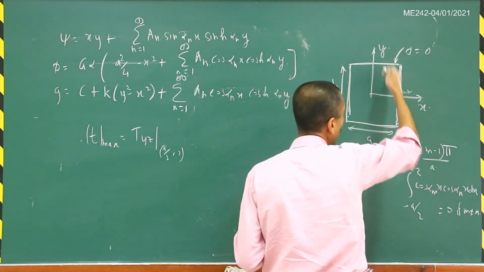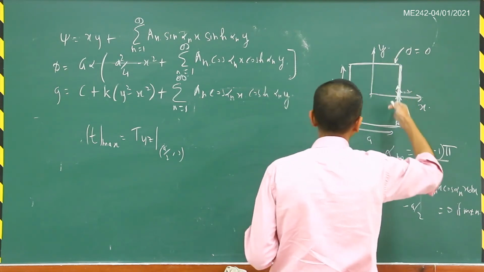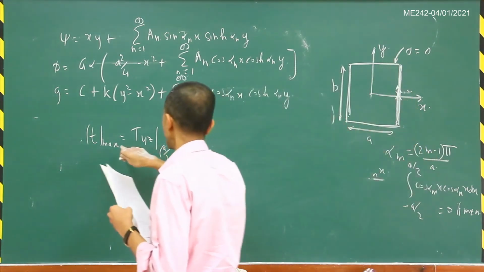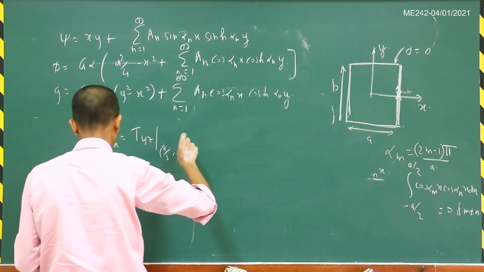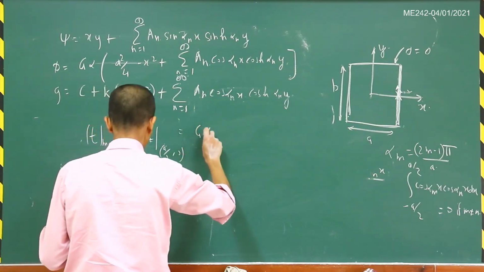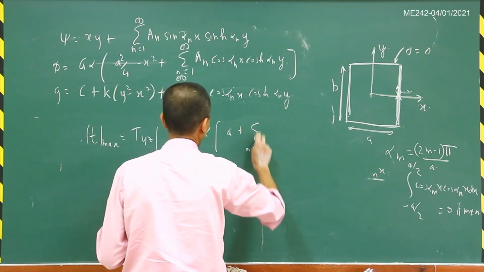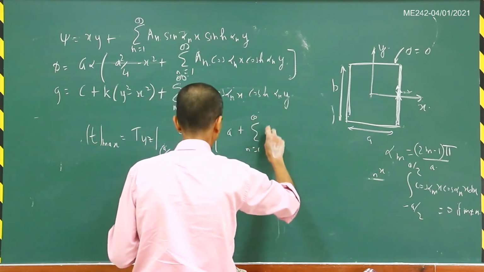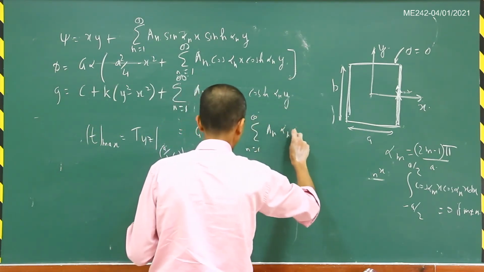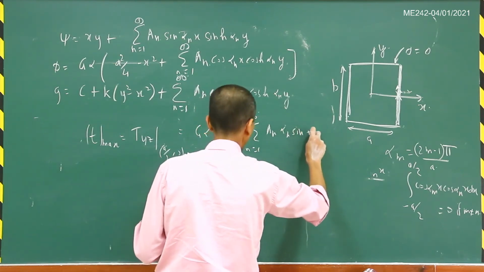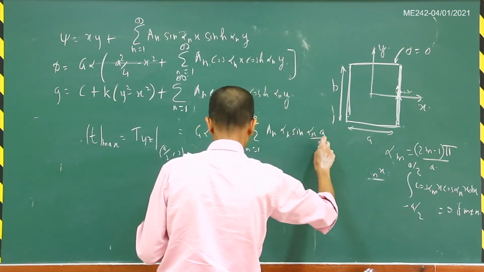So only the tau_yz component along this is going to contribute to tau max, and that is equal to G alpha times a plus the summation from n equal to 1 to infinity of a_n alpha_n sin of (alpha_n a divided by 2).